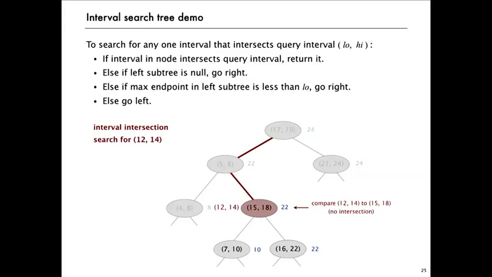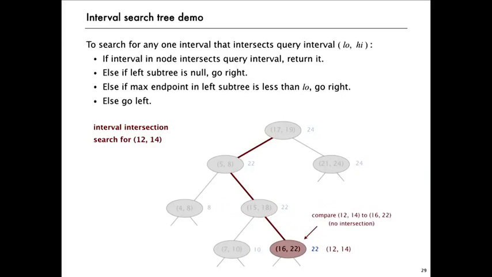No, the max endpoint on the left is 10, so we shouldn't go left. We're going to go right. Does 12, 14 intersect 16, 22? It does not. Now the left endpoint's null, and so we're just going to go right, and there's no intersection.